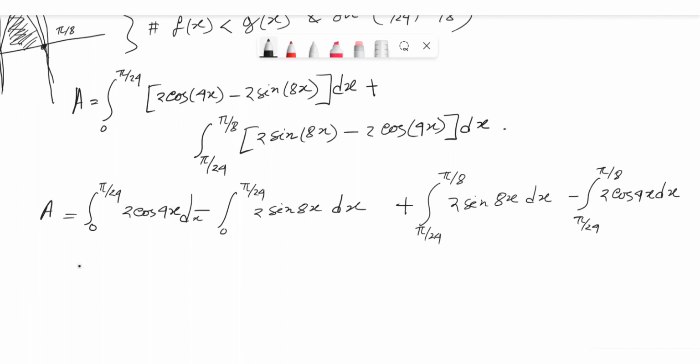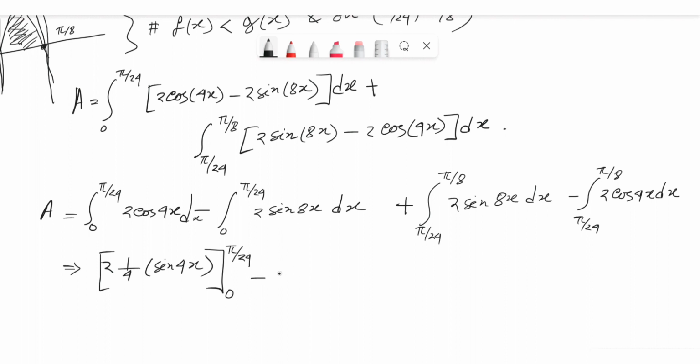When you integrate this part, 2 is a constant, so 2 will come out, and when we integrate cos 4x, we take 4 as a, so we get 1 by 4 sin 4x. This is the integration of this part, and the limits will be 0 to pi by 24.